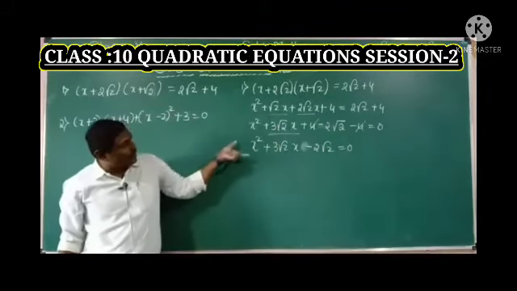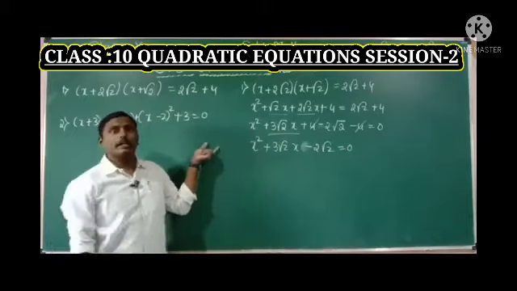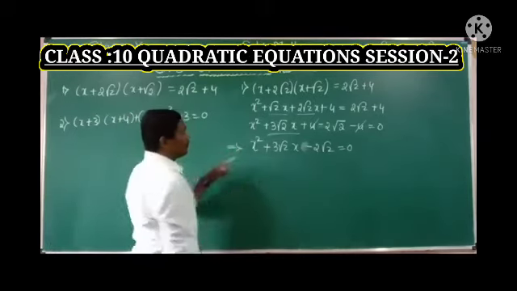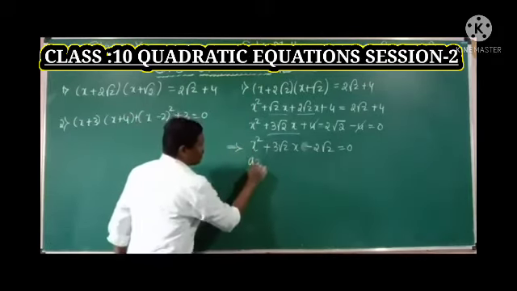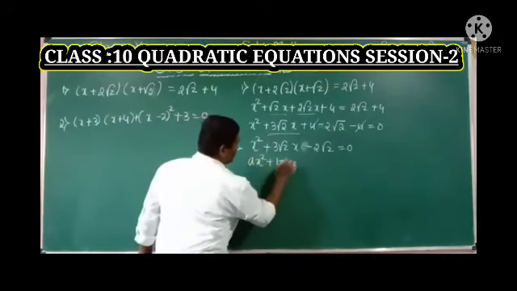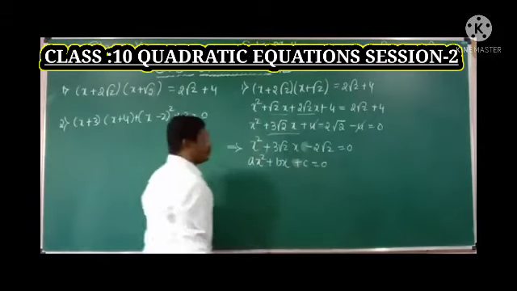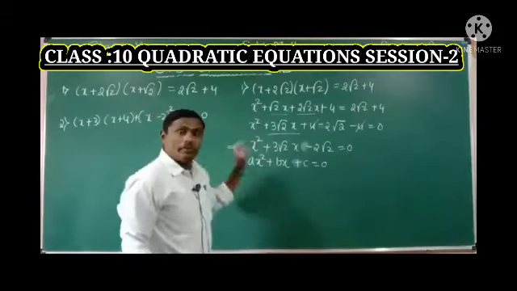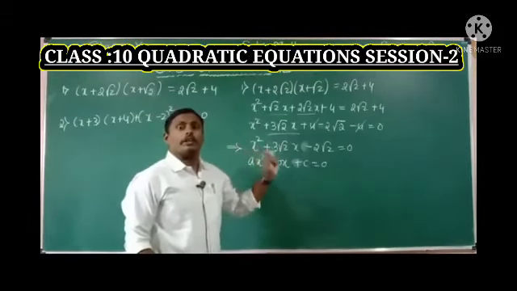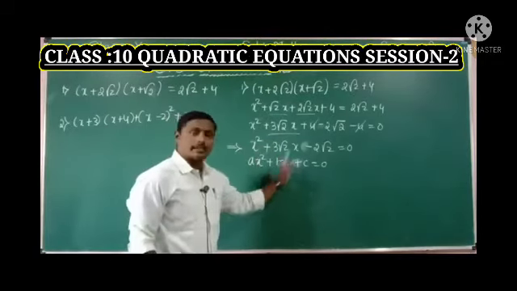Just observe the simplified term which is in the form of ax square plus bx plus c is equal to 0. If it is in the form of a quadratic equation, you need to write the coefficients of x square, x and the constant term.